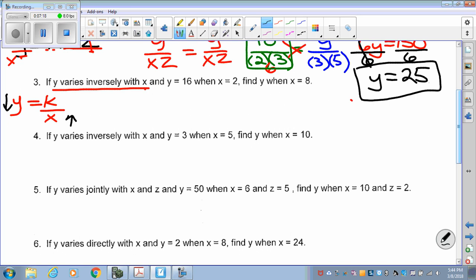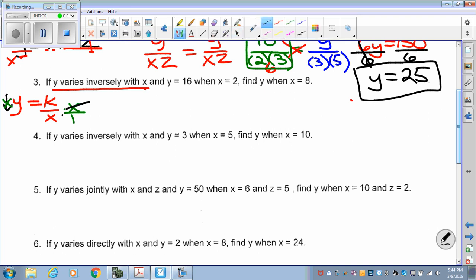So if I wanted to solve this equation for k, my constant, to get my constant by itself, I would multiply both sides by x, because this is in the top, so that would cross out.